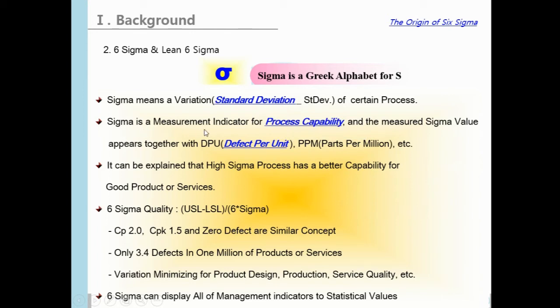Sigma is a measurement indicator for process capability. And the measured Sigma value appears together with DPU, defects per unit, ppm, parts per million, etc. So this is closer to a statistical way.